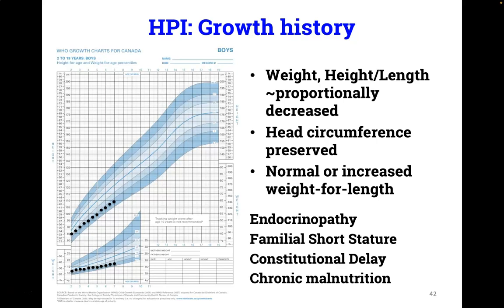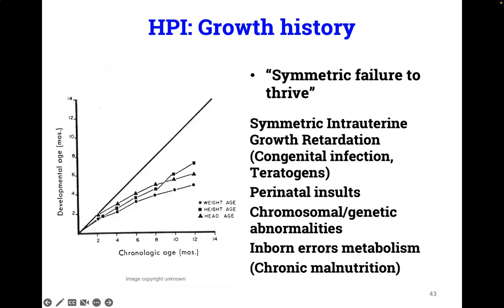So this, again, as we talked about, may be how a curve in familial short stature or constitutional delay might look, but the other possibilities would include endocrinopathies. Also, if you have chronic malnutrition and you don't have some of the earlier data where the initial decline in weight may not be documented first, this also may be a pattern that you would see as well.